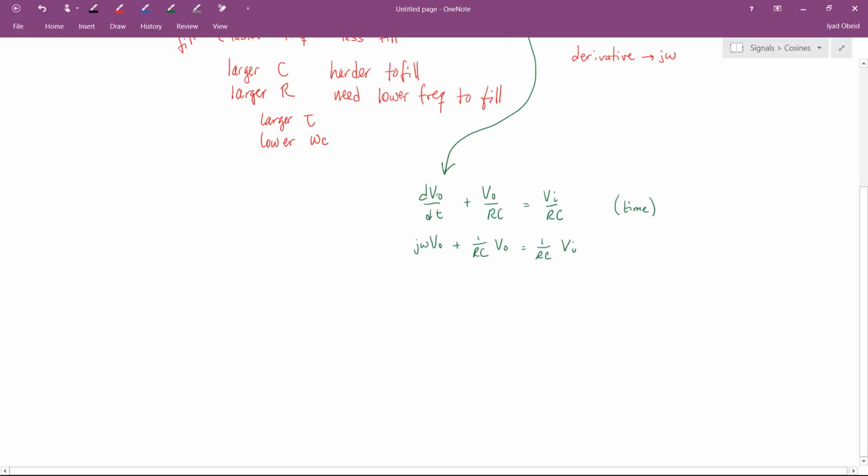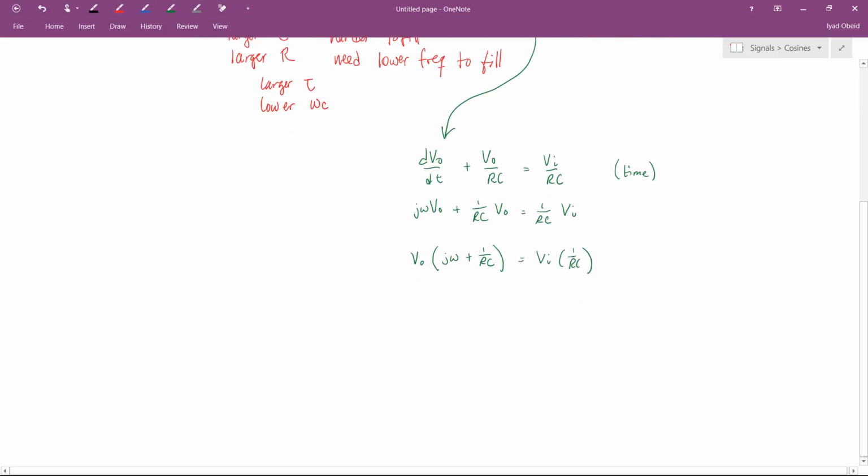And now I've essentially linearized my equation. So I can collect like terms on the left and say V out times (j omega plus 1 over RC) equals V in times 1 over RC.